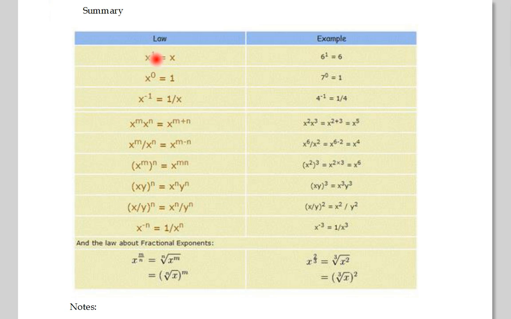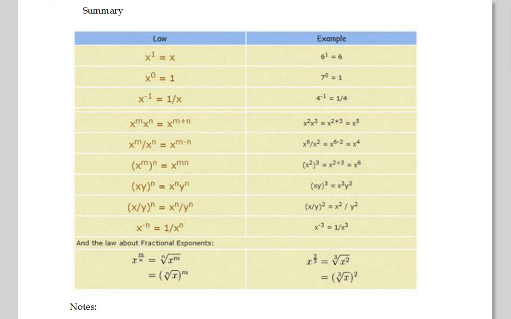The first one, anything to the power 1 will be itself. The next one, anything to the power 0 is just 1. And we've talked about that in previous lessons. This one right here, I'm going to make a little note on.